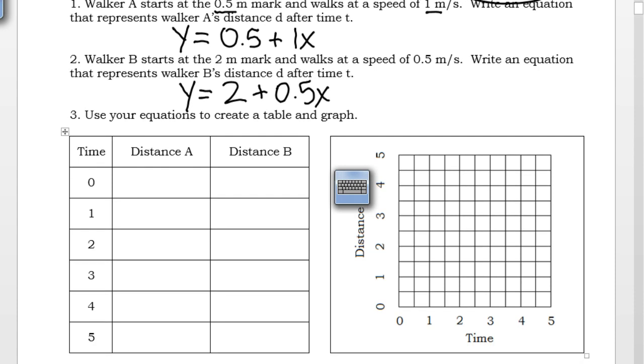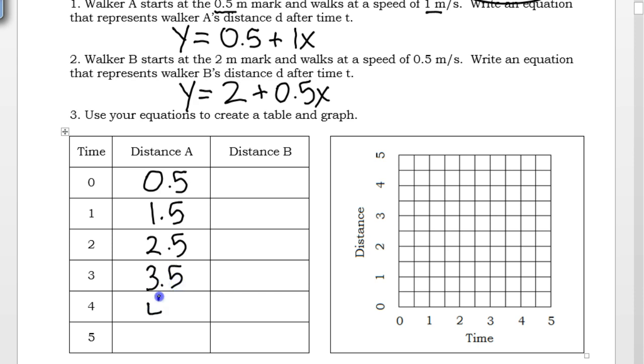I will put distance A in the first column, where I started at 0.5 meters and I increased by 1 meter every second. Walker B started at 2 meters and increased half a meter every second.